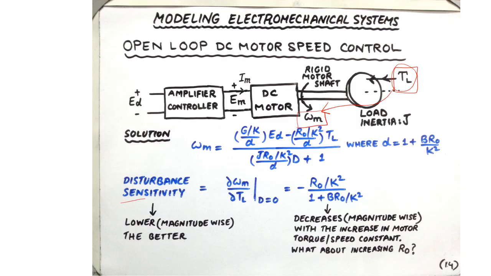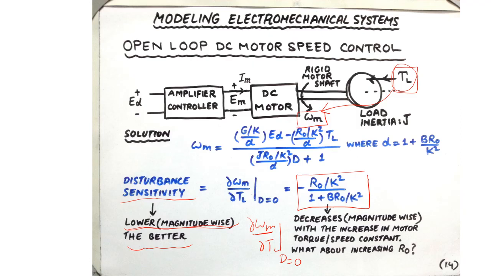So we say that, magnitude wise, lower disturbance sensitivity is better or desirable, although it comes with a negative sign. That is partial omega m with respect to partial TL when the rate of change is set equal to 0. The expression turns out to be this.